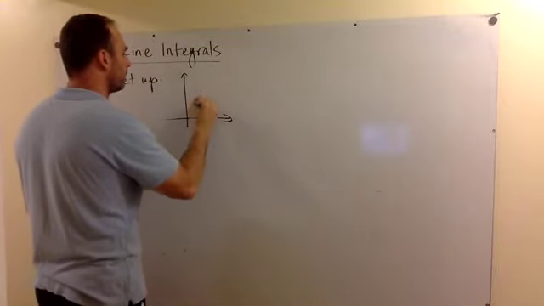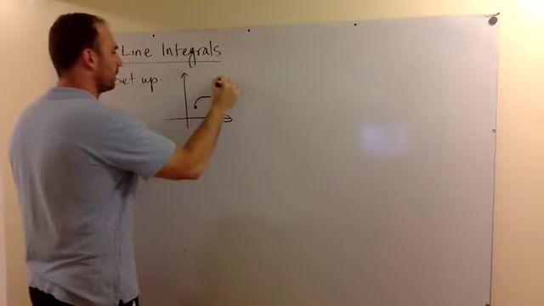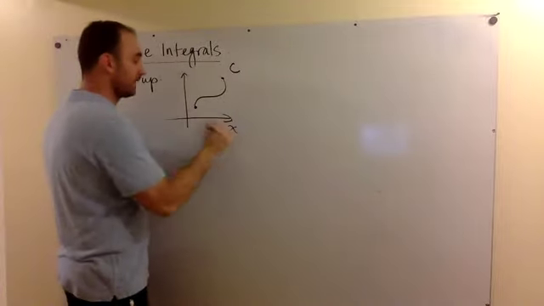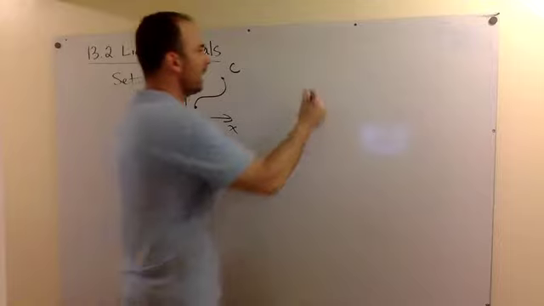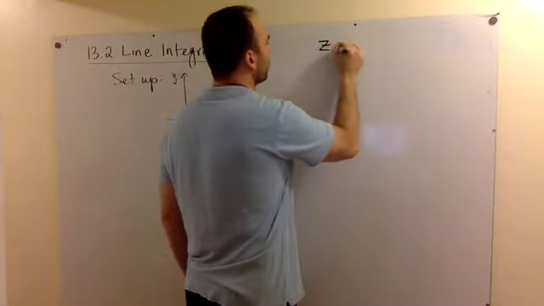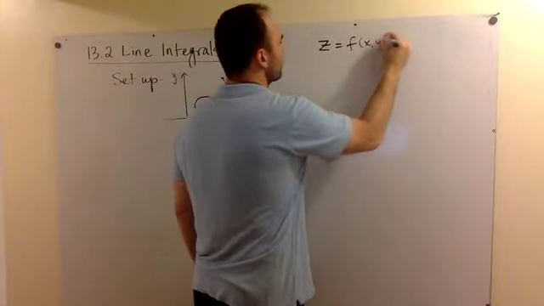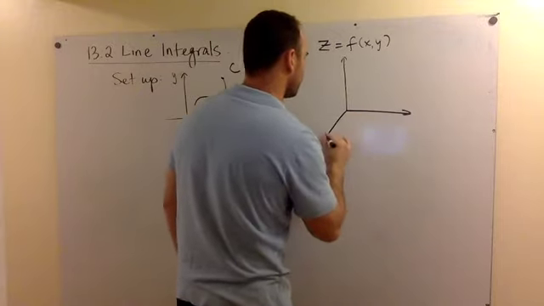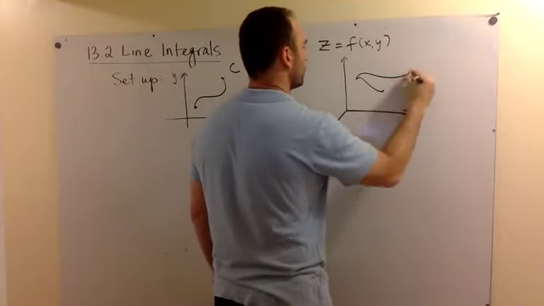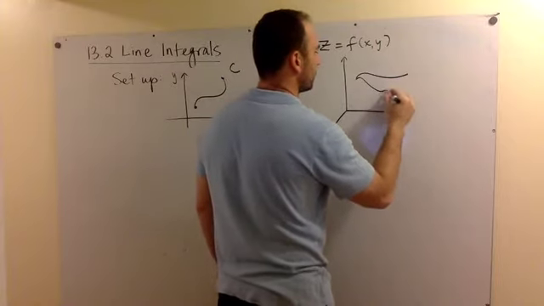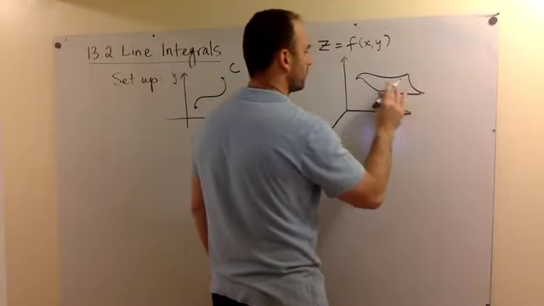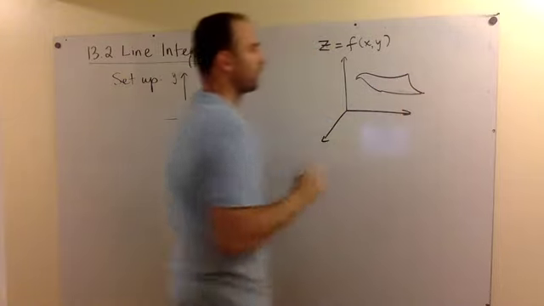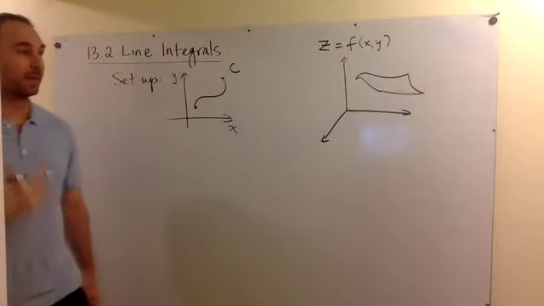But so the setup for a line integral is I have some type of curve, okay? Some type of curve here in the xy plane. And then over here, I've also got a function like so. So here's z equals f of xy.